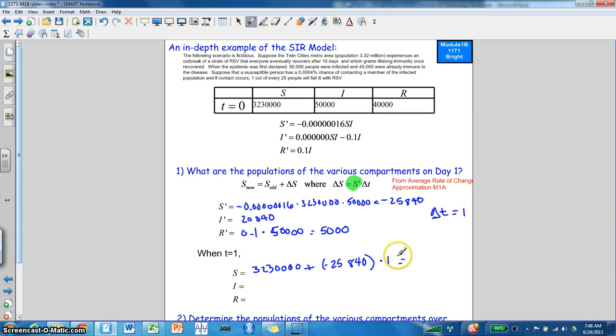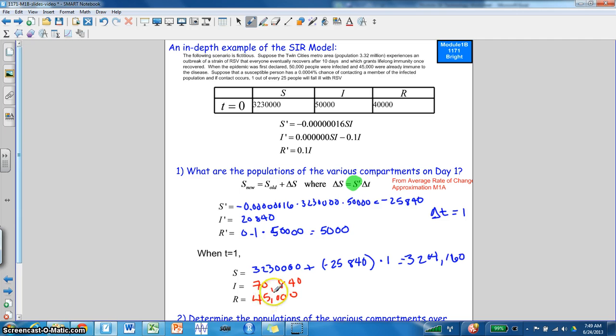When you do this calculation, you get 3,204,160. Feel free to do the calculations for I and R, or write those out, but you get 70,840 for the infected compartment and 45,000 for the recovered.